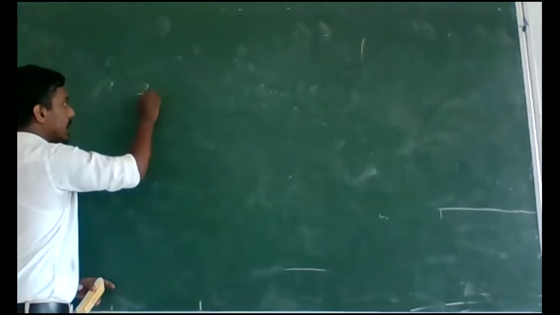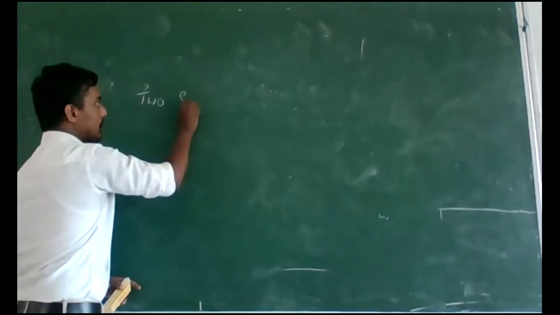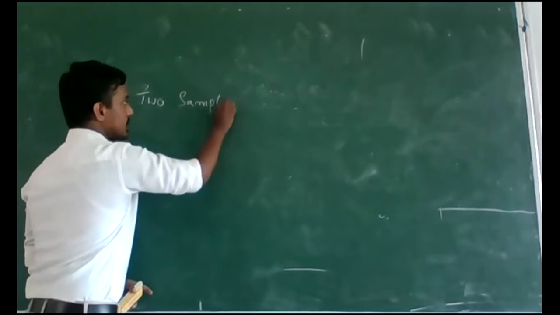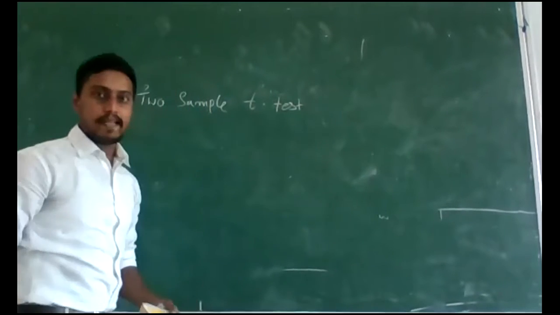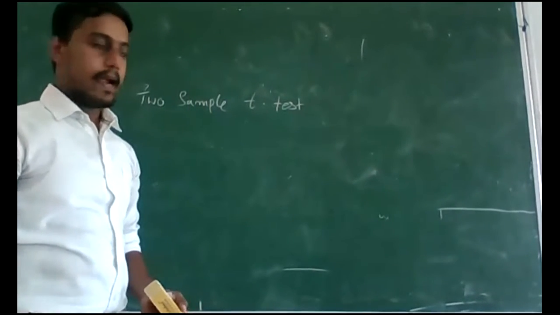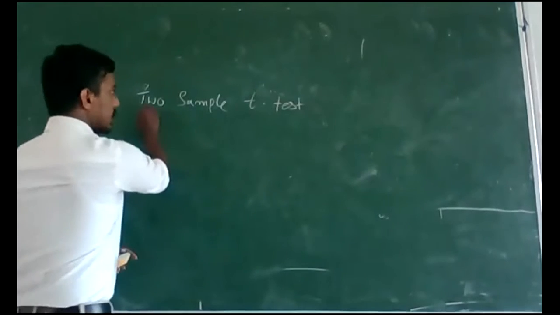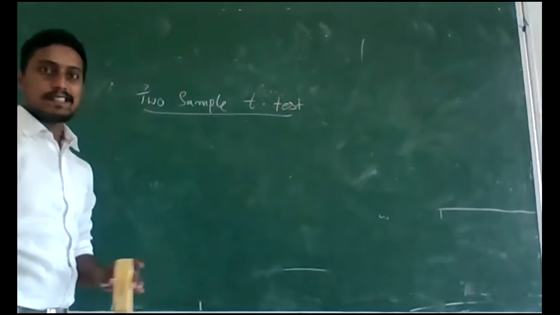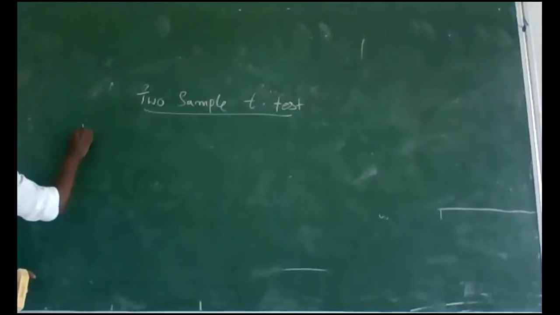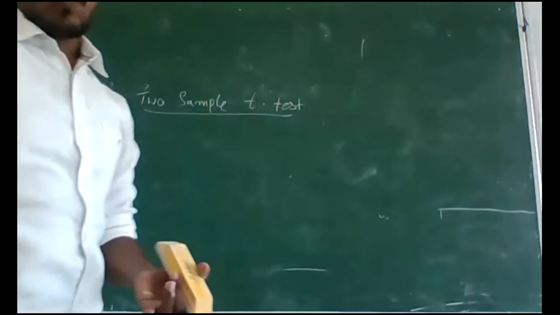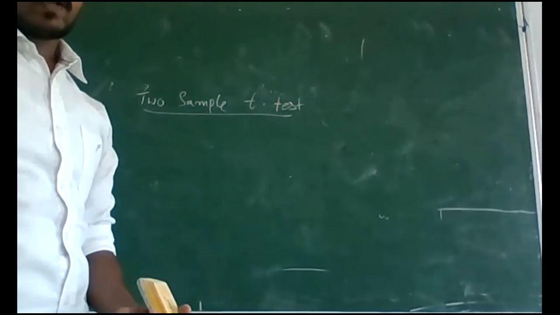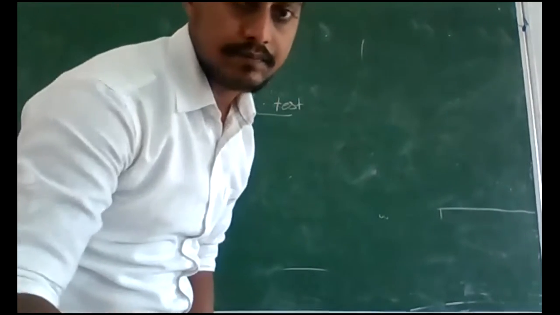This one is related to two sample t-test. And in two sample t-test, the first step we need to follow is to state the hypothesis. So we have to write the hypothesis here. Can you tell me what the hypothesis is?